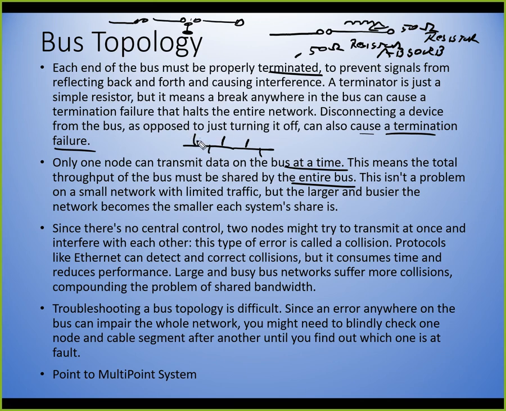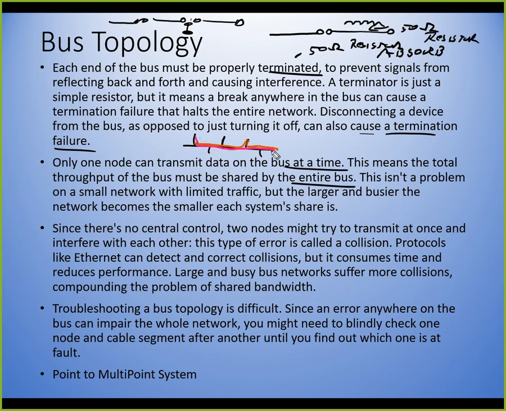I'm trying to get a different color here. I'm going to take the whole thing. So I'm driving down the street. You're going to have to wait until I get done driving down the street, until my data has cleared. Then you can get onto it. And then the next person can get onto it, but one at a time. So as you can see, that's going to be kind of slow.